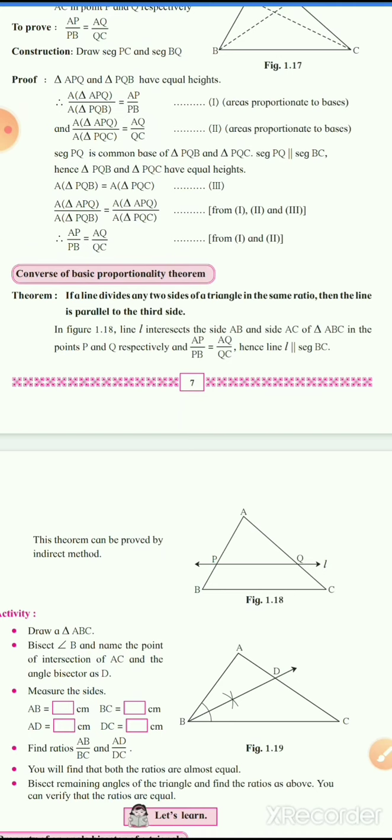So here line L is parallel to seg BC of triangle ABC. Okay, here is only the statement of converse of basic proportionality theorem.